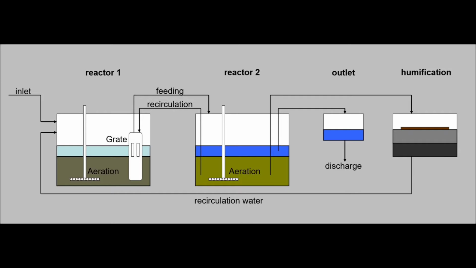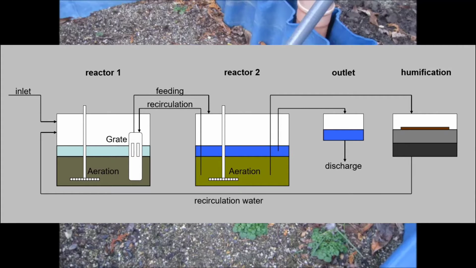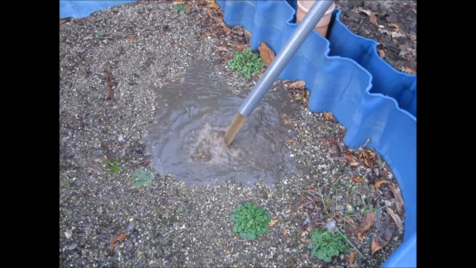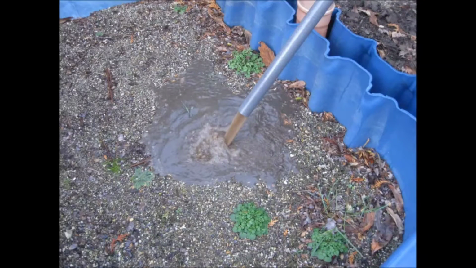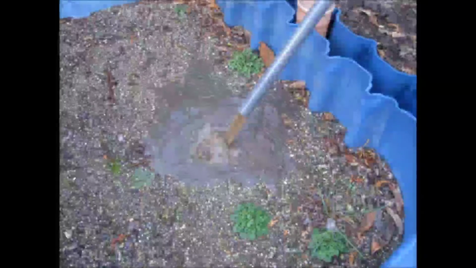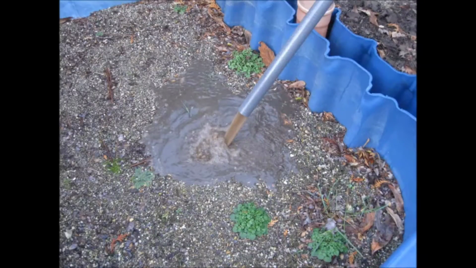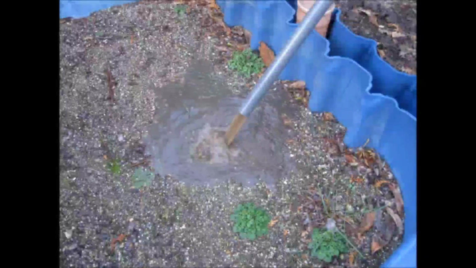Due to the uptake of the nutrients and the pollutants, the microorganisms grow. In order to have a stable amount of microorganisms in the system, some excess sludge must always be taken out of it. This sludge is pumped onto a humification reactor, which can be seen in that picture. The water of the sludge trickles through the filter, and only the thick sludge stays on top.